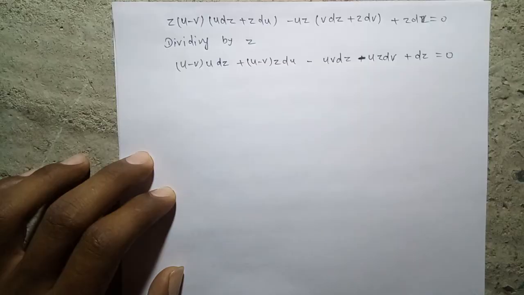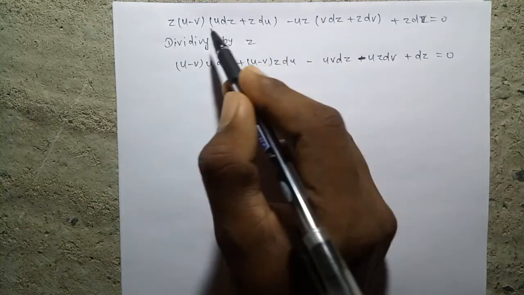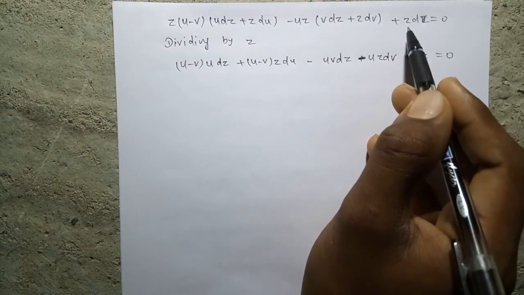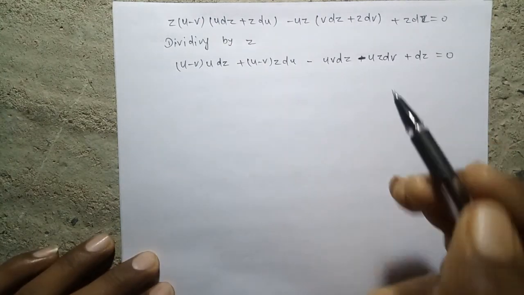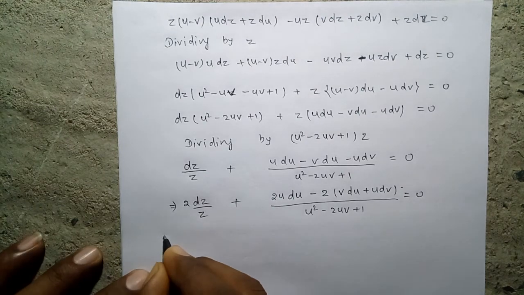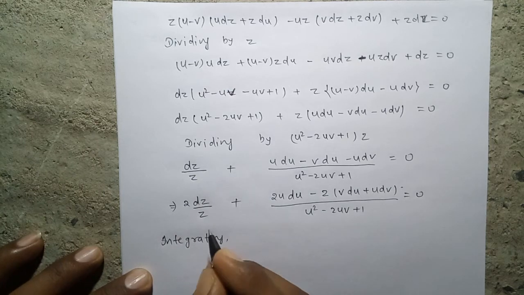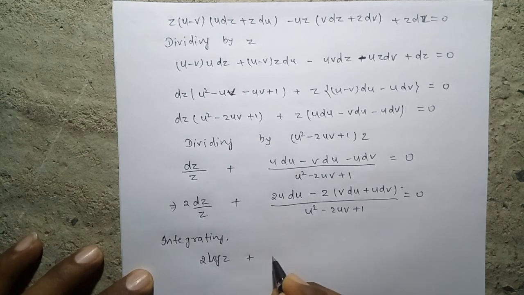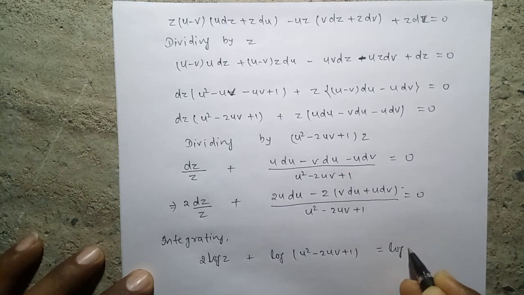Now we solve it, taking z as common and then z contains all terms, dividing by z we get this. Now we integrate it, we get twice log z plus log of (u square minus twice uv plus 1) is equal to log c.